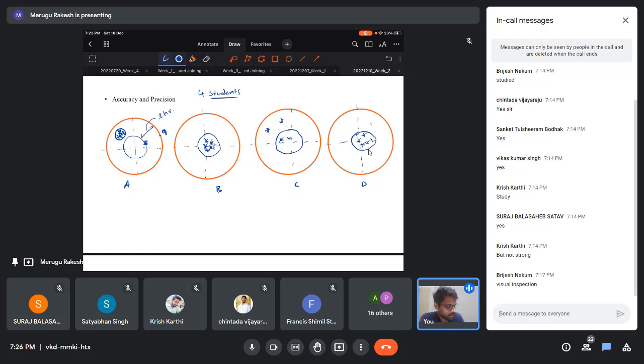So now the first thing is: which student is accurate, which student is precise, and which is neither accurate nor precise. I can take 1 also.